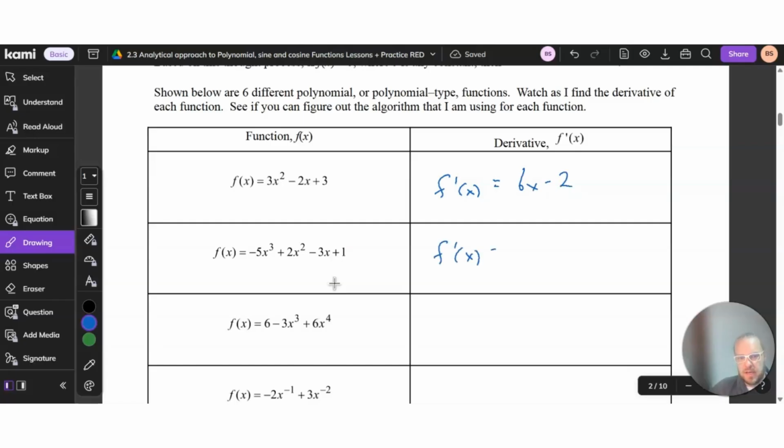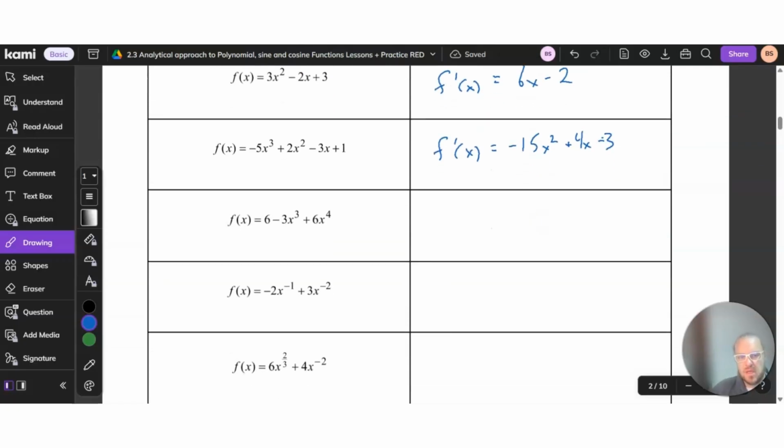f prime of x on this guy is negative 15x squared plus 4x minus 3. Next one here, it's going to be negative 9x squared plus 24x cubed. f prime of x on this one is going to be 2x to the negative 2 minus 6x to the negative 3.